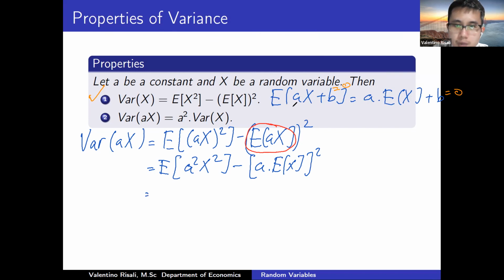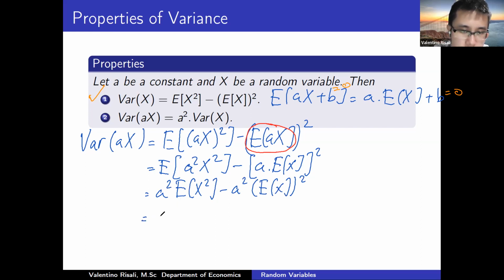Okay, again from the previous property, it is equal to a squared times EX squared minus a squared times the expectation squared. Factorize a squared, we get this.